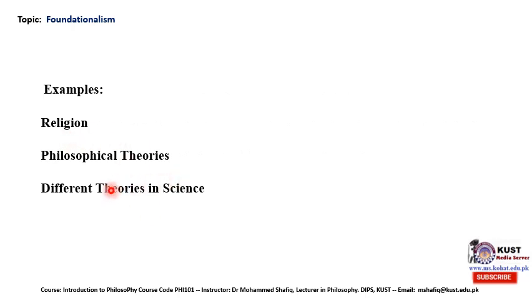For example, we have religion, philosophical theories, as I explained earlier, and different theories in science. If you study quantum particle physics, it has its own foundational beliefs, and they consider those foundational beliefs as self-evidently true. They think that these beliefs are non-inferential in nature, and on the basis of those foundational beliefs, other beliefs are derived or inferred.